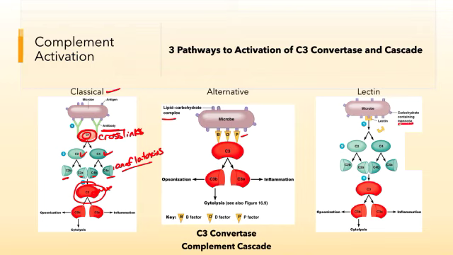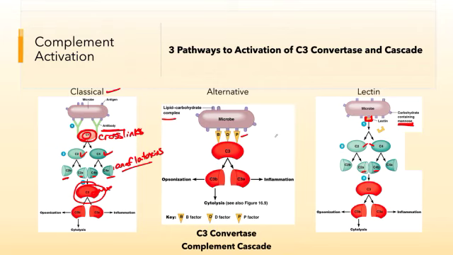So specific mannose patterns can be recognized by one of the lectins within the class of lectins, and when a lectin finds its mannose pattern and binds, this will directly activate C2 and 4. And we then have C2a, C4b, and the formation of C3 convertase. So all three of these are different ways to activate the same process, which is the C3 convertase cascade.